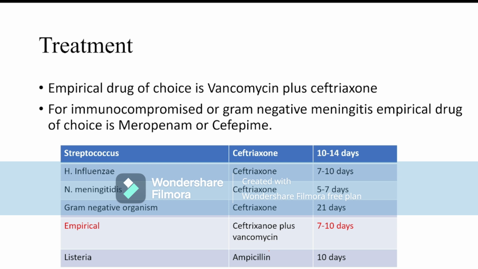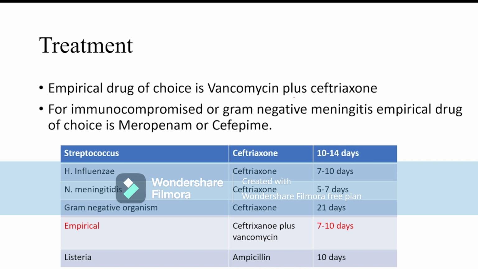If the child is suffering from meningitis, we have to give an empirical antibiotic before the culture report comes. If you suspect a patient has meningitis, you have to start the antibiotic as early as possible, even before doing the CSF.